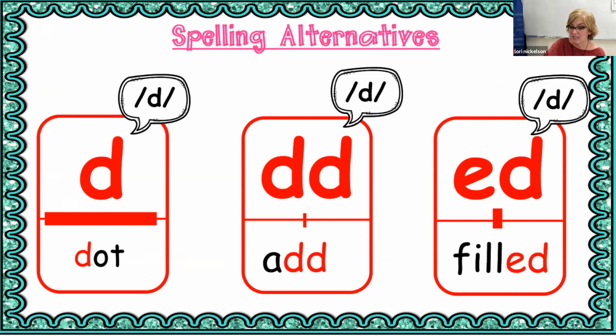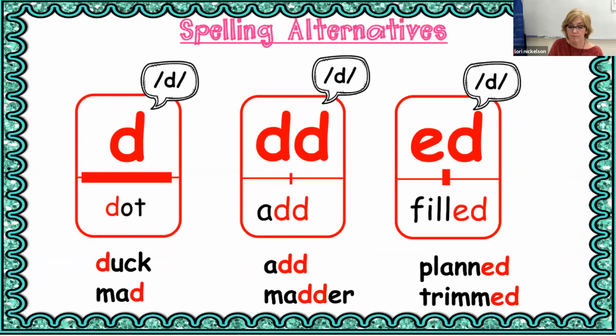But then ED, it's just a little bit bigger. The biggest one is just the regular D. So that has the D as in dot. We have duck and mad, like the double D, like add and matter. Then we have ED like field, planned, trimmed.